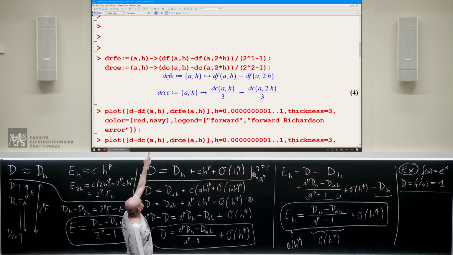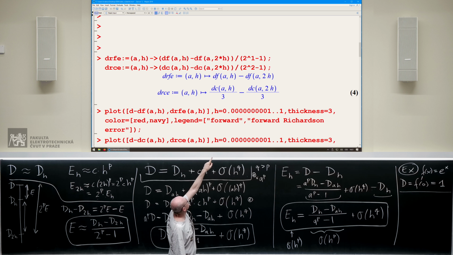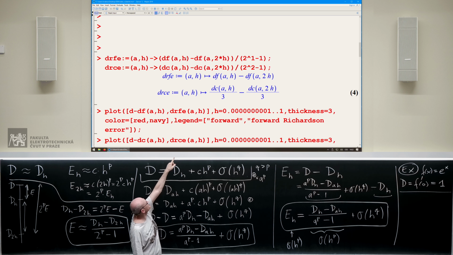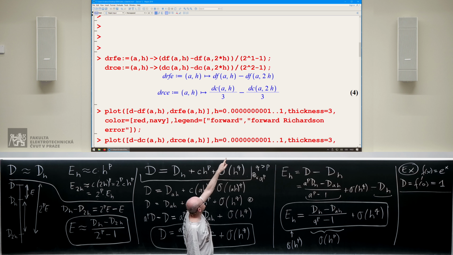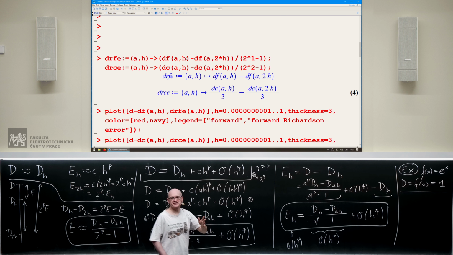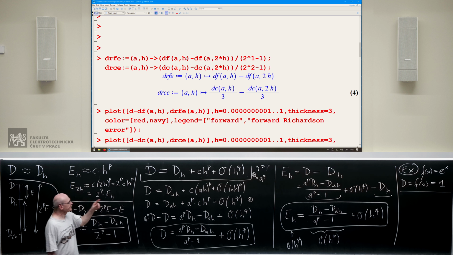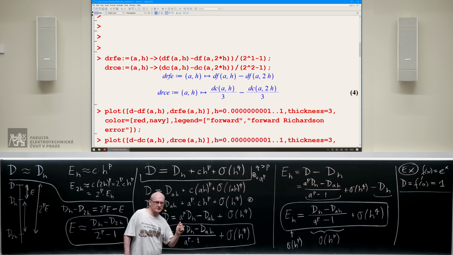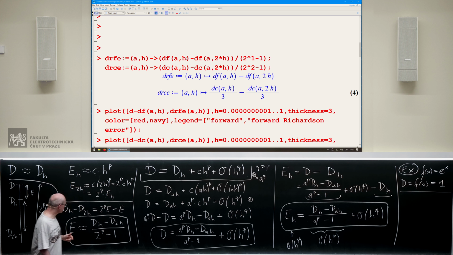So this error estimate for the forward difference is just the difference of two experiments. The first experiment, as you can see, uses step size h, and the second experiment uses step size 2h. That's exactly to be expected. Then we introduced a better method, central difference, which is of order 2. So when you are using a method of order 2, in estimating the error, we should use 2 to 2, which is 4, minus 1 is 3.